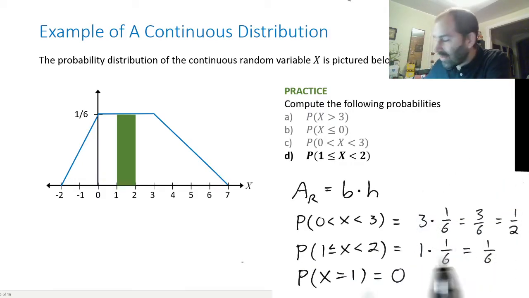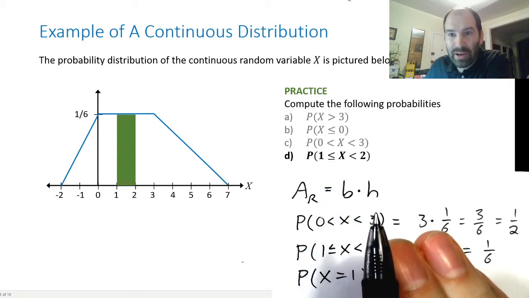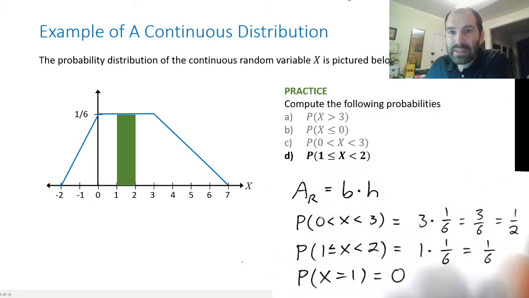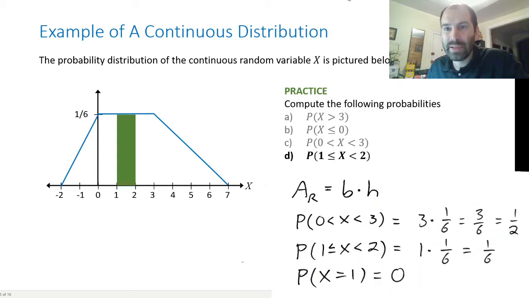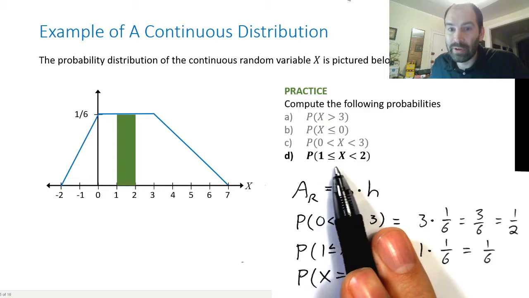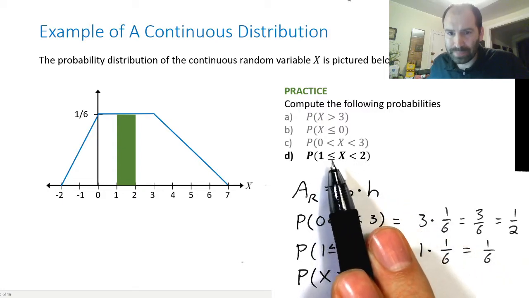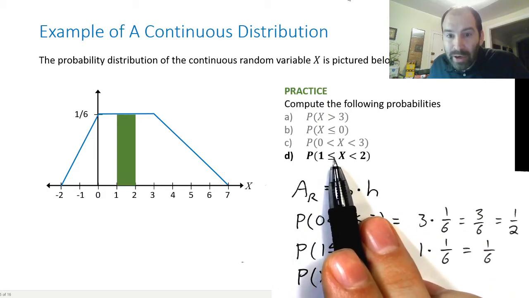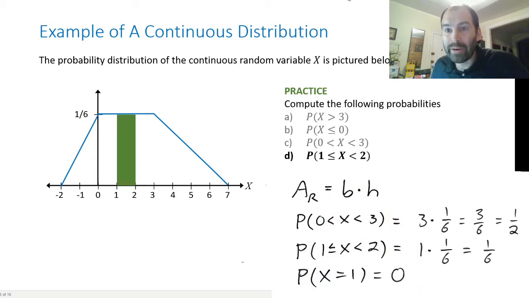So the or equal to symbol doesn't even matter. When you have a continuous random variable, the difference between less than and less than or equal to is nil. That's very different for a discrete random variable, where it made a big difference. You were either counting that value or you weren't, depending on whether it was less than or equal to versus less than. But for a continuous random variable, that or equal to part doesn't even matter.